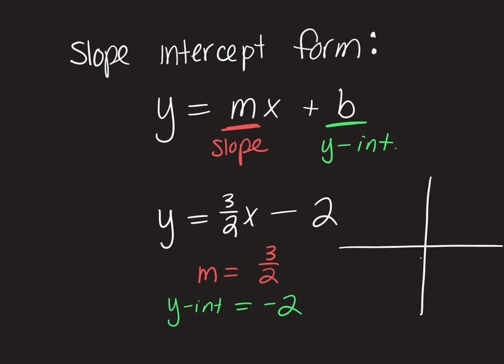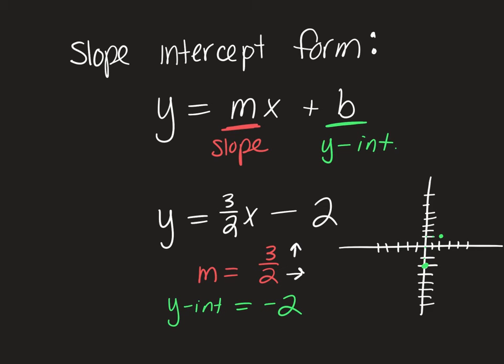We know the y-intercept is negative 2. So it's right here. Oh, wrong color. That's our starting point, and then we can use our slope to move. So we can go up 3 and right 2 from our green point. So we can go up 1, 2, 3, and then over 1, 2.